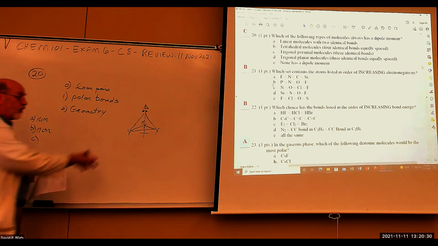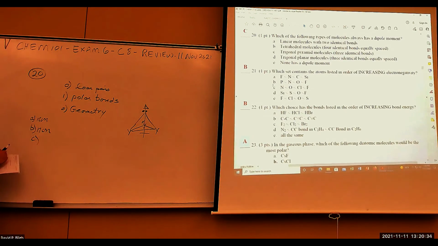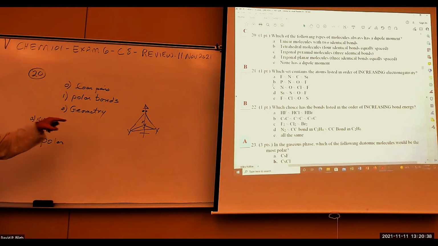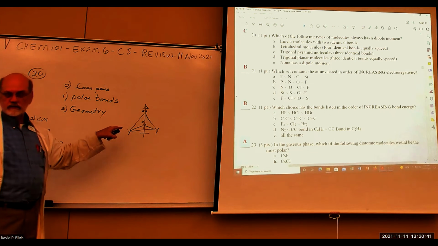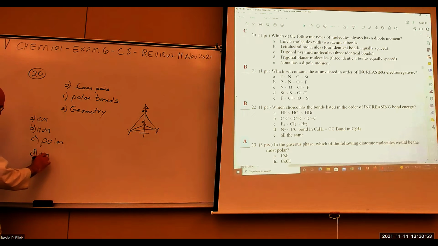Now, if you have polar bonds, so much the better for the polarity. But this structure will always be polar because of that lone pair. A trigonal planar molecule with 3 identical bonds, that's always nonpolar, like boron trihydride.